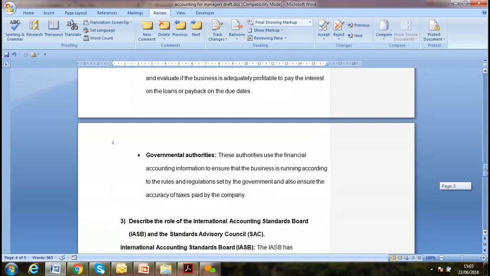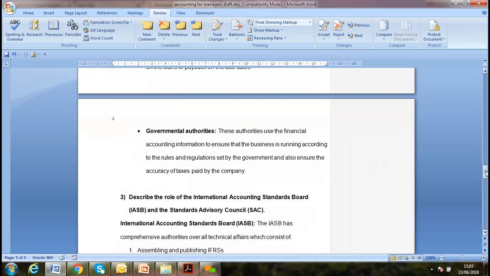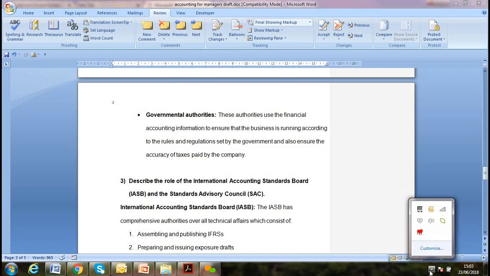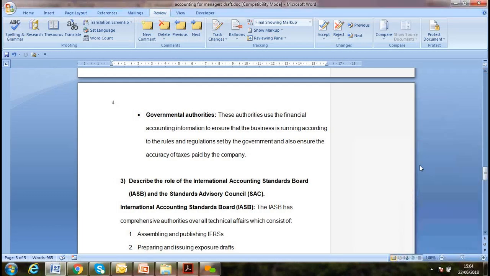That won't count towards the words, so it won't increase your word count. So for the first one, the management and financial accounting information, I can include a chart for the difference, right?